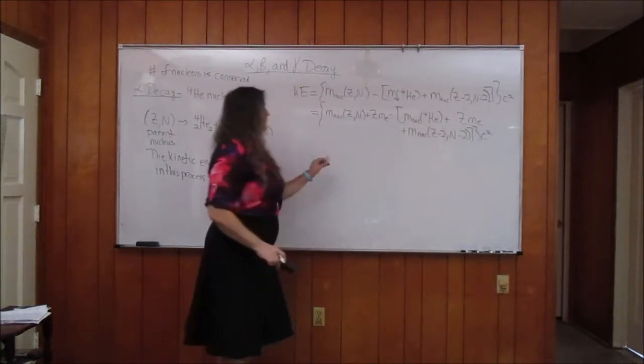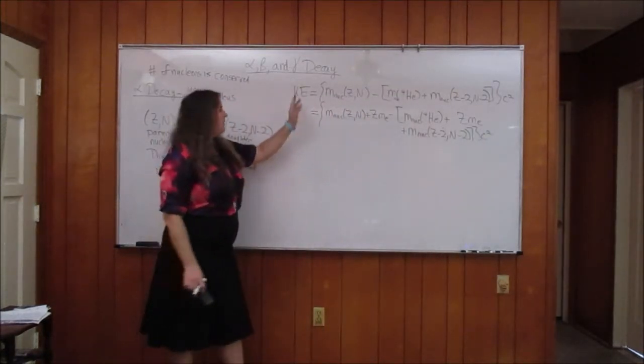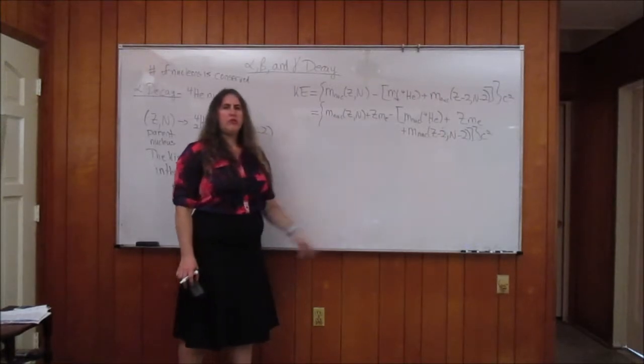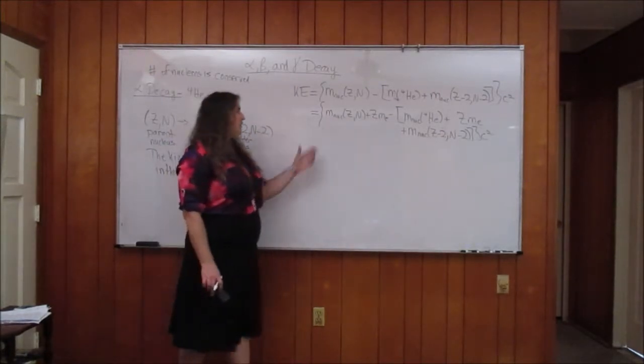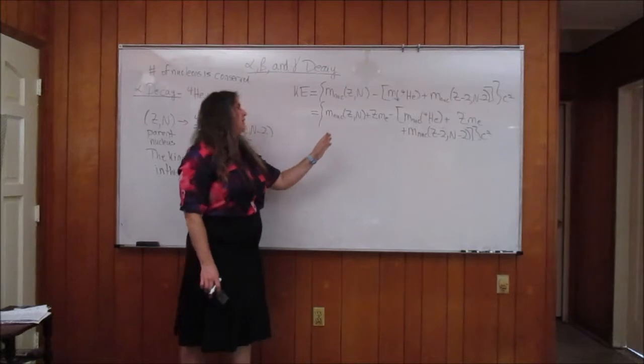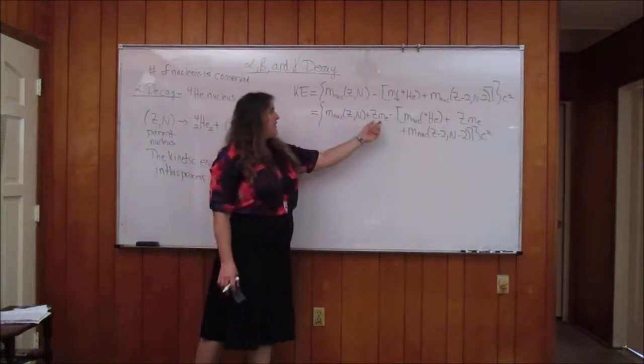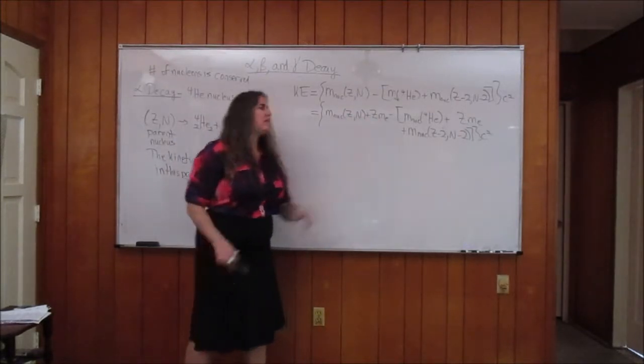The reason I'm doing this is because I need to rewrite this expression in terms of the atomic masses. In nuclear data tables, it's the atomic masses that are given, not the nuclear masses. So if I add Z m_e to the nuclear mass, that'll give me the atomic mass.